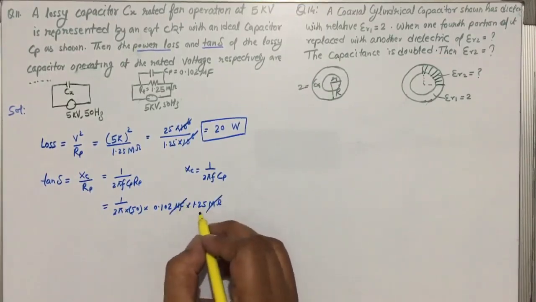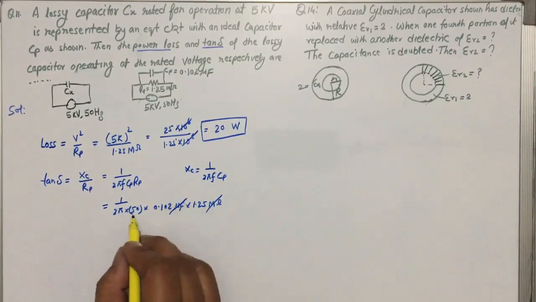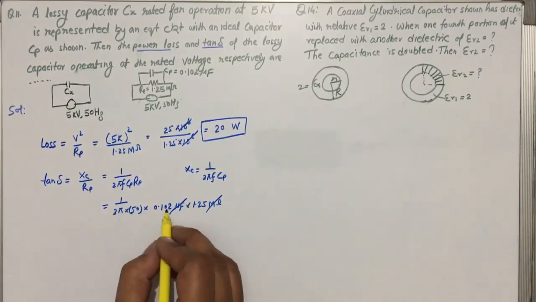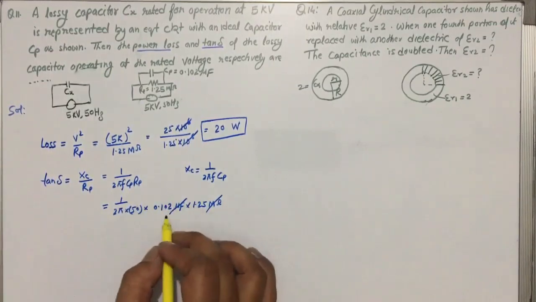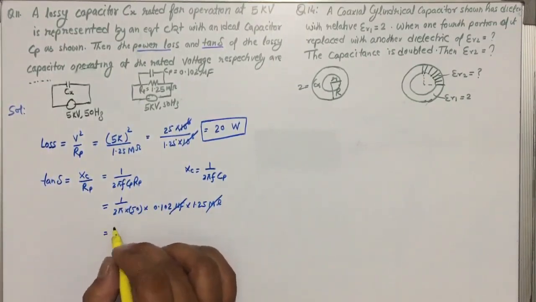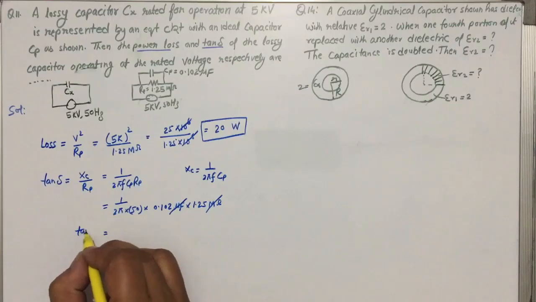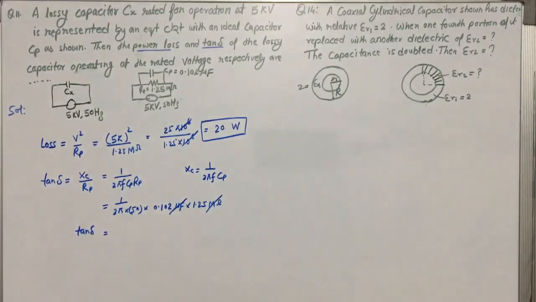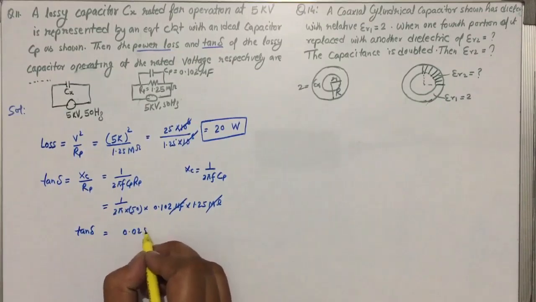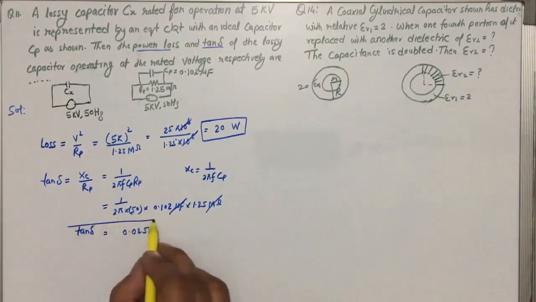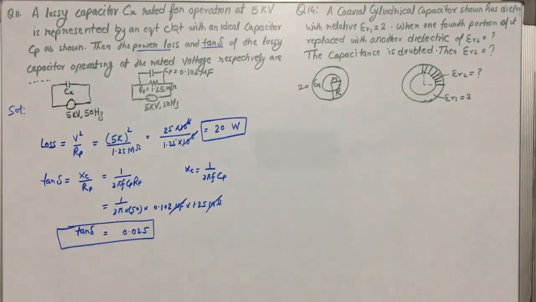Mega and micro can be cancelled, and 50 and 2 can be 10.2, and if we simplify, let me check what the value of this will be. Yes, it is 0.025. So this is tan delta.